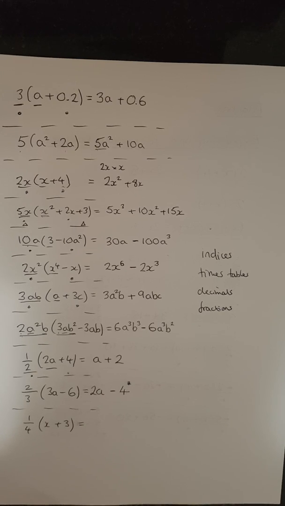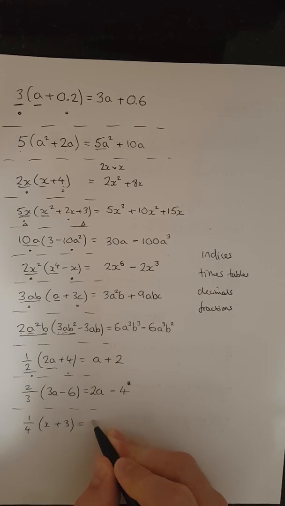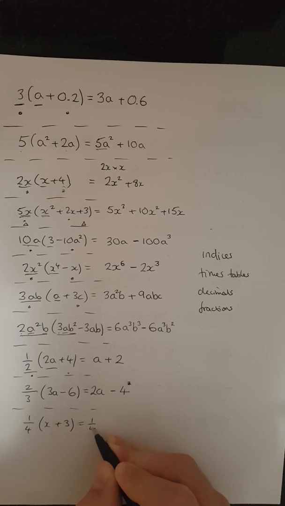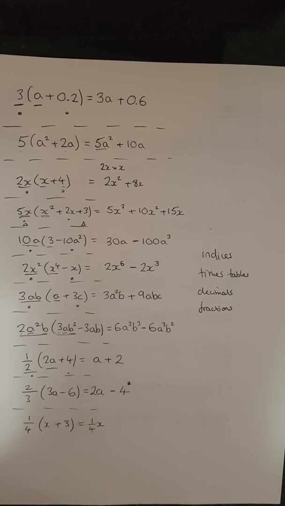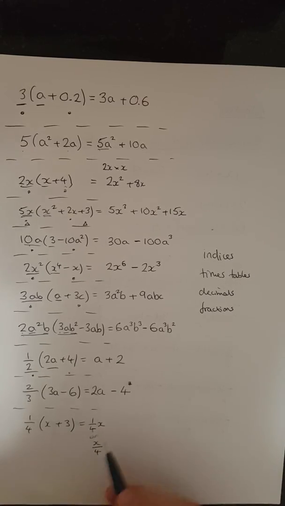Make sure you get the minus there. One quarter of x, well, that can't be done. Or you can write it as x over 4. And those two mean the same thing, because finding a quarter of something, you divide by 4.